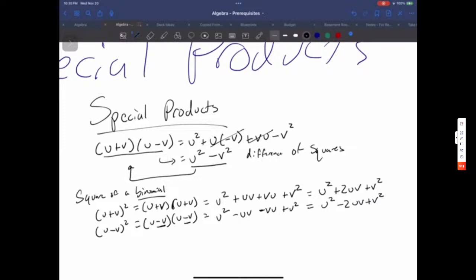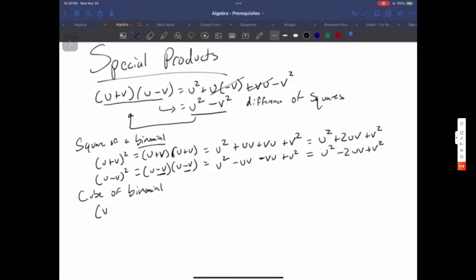And then you have the cube of a binomial, where you have u plus v cubed, or u minus v cubed.